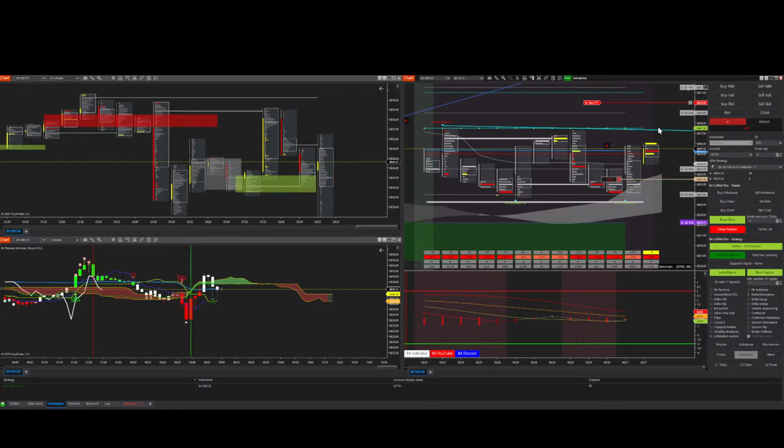We are at the 0 line, so it can be choppy. Of course, we are at the VWAP.